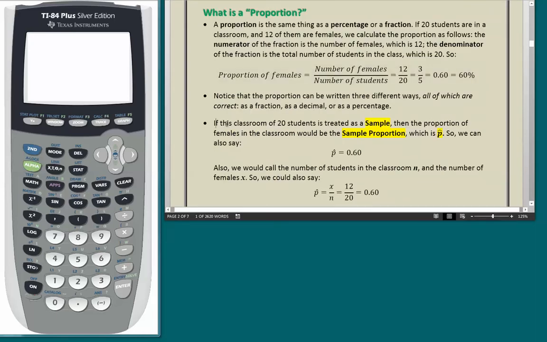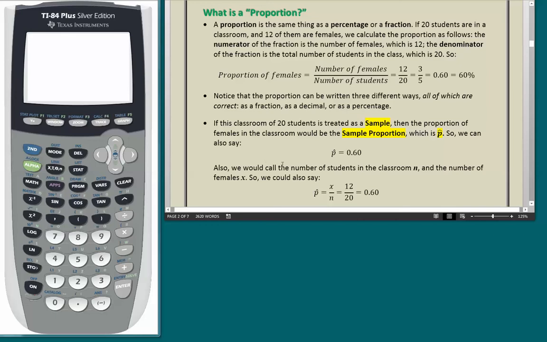I'm here on this bullet now. If this classroom of 20 students is treated as a sample, then the proportion of females in the classroom would be the sample proportion, which is p hat. That's the symbol for sample proportion. So, going back up here where we said the proportion of females equals all these things, now using notation, we can also say p hat equals 0.6 or 0.60.